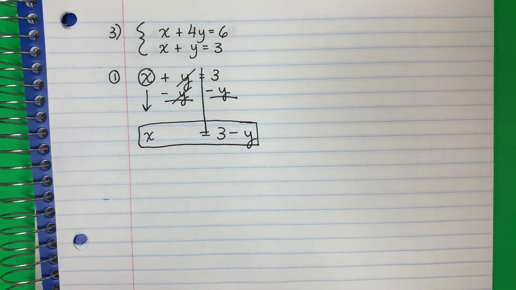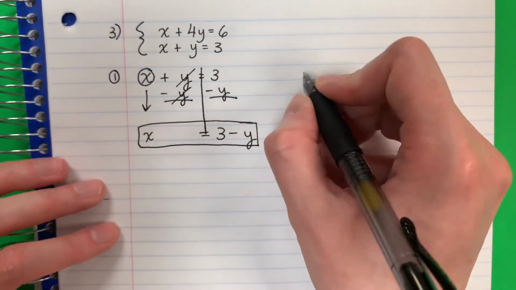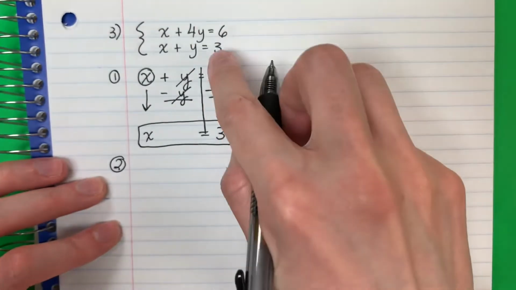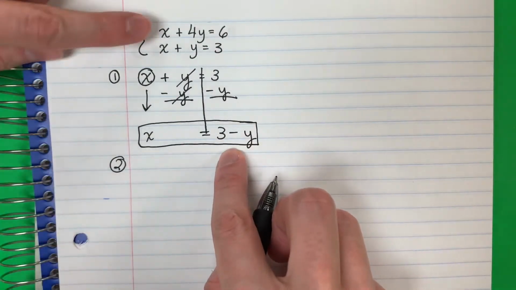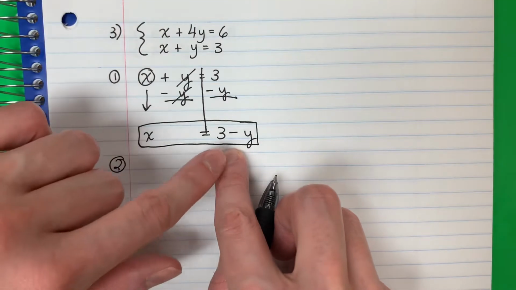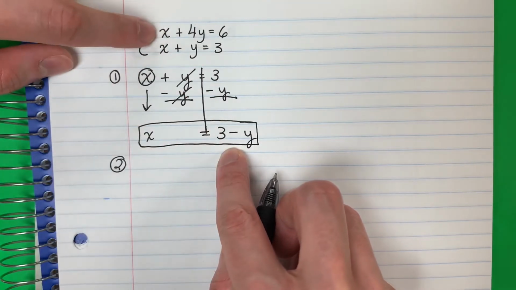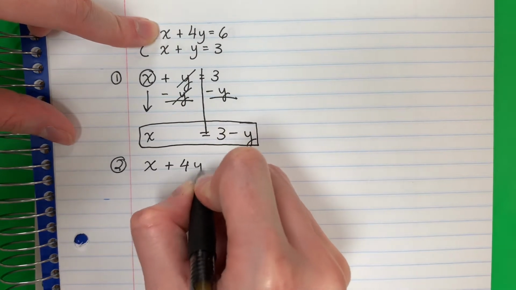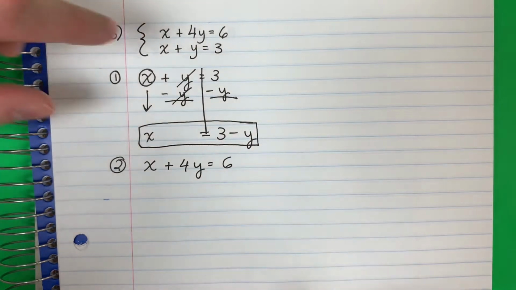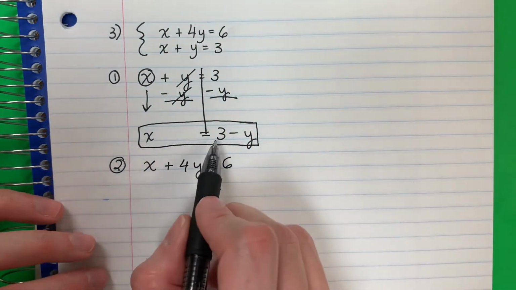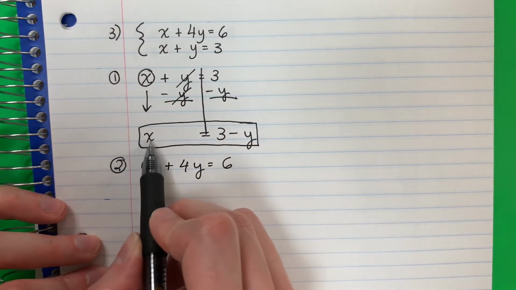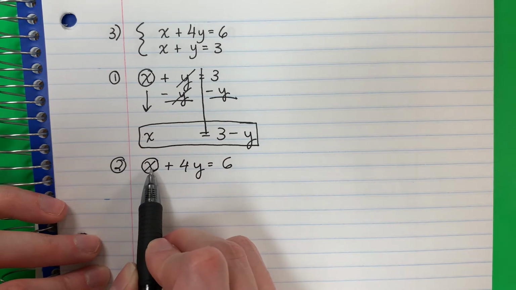Now, step 2. I'm going to go ahead and put, so I use this one, uso esta. I'm going to put this equation in the other one. Voy a poner esta ecuación en la otra, en la primera. Okay, so I'm going to put x plus 4y equals 6. So I'm going to put this equation for x por x. So I have x alone, tengo x sola, so I'm going to change x. Voy a cambiar x.